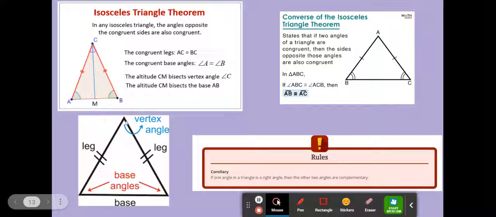The one at the top, the vertex angle, and the legs are the ones we say are congruent. Also, a quick reminder, if one angle of a triangle is a right angle, then the other two angles must be complementary, which means adding together to be 90 degrees. Again, kind of using that fact that all three have to add together to be 180.